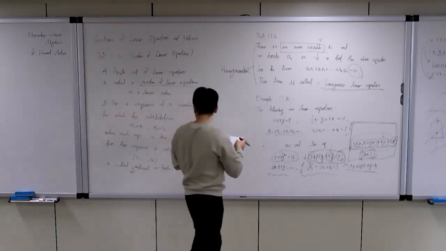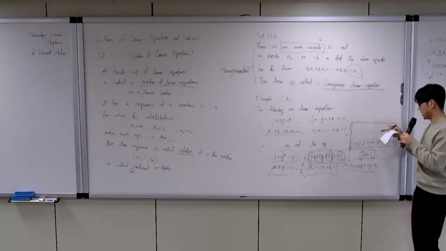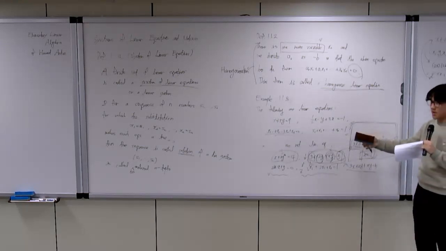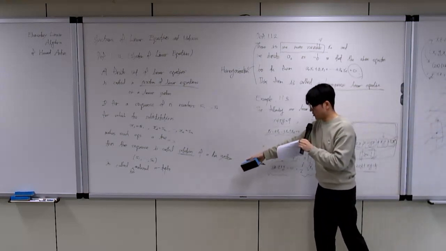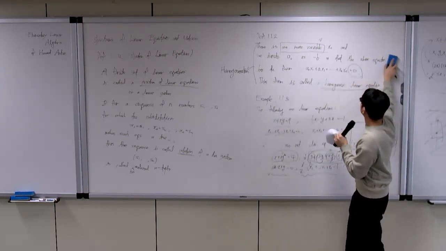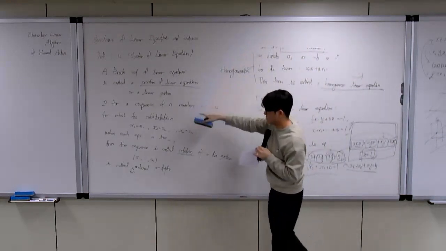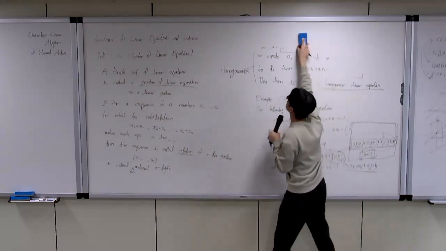Sometimes when n equals 2 we state it as an ordered pair, and when n equals 3 we sometimes call it an ordered triple. I think usually we use just n-tuple or ordered n-tuple.